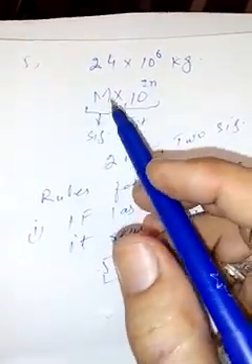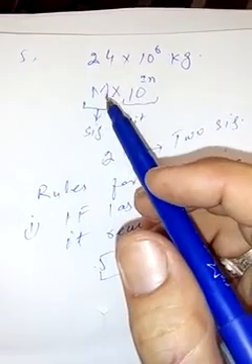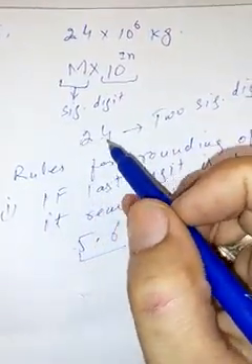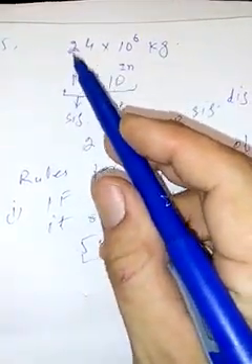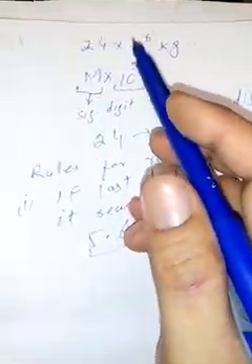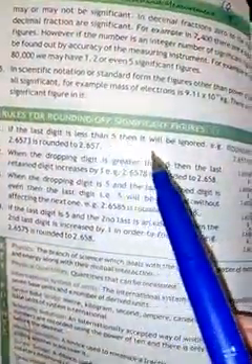According to the rule, only those digits which are in the place of m are significant. Here 24 possesses two digits, so these two digits are significant, while the power of 10 is not significant.